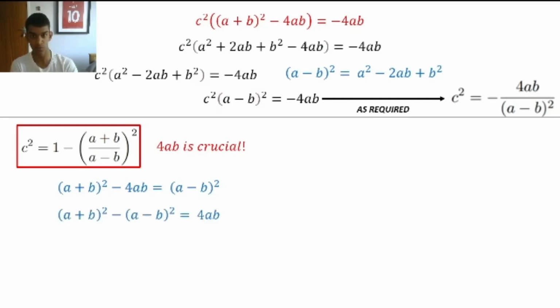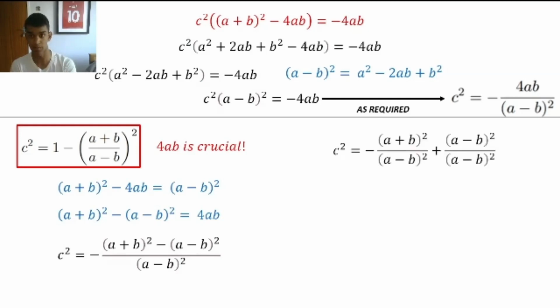We can essentially switch around the brackets on the right hand side with the negative 4ab to get this. So in fact, 4ab is equal to a plus b squared minus a minus b squared. And we can simply replace the 4ab with that case on the numerator.